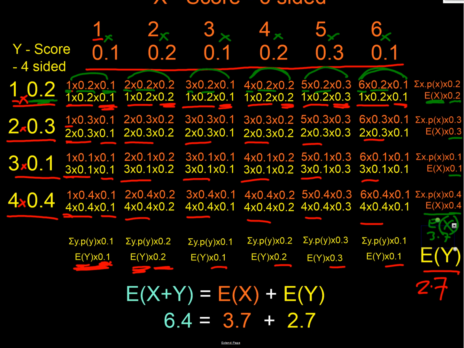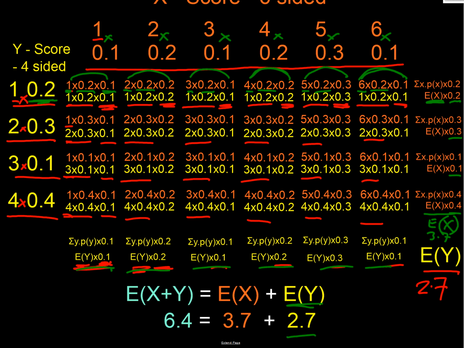And therefore we can see that if we sum all the yellow numbers going down into the row of values at the bottom here, we get E of y. We can easily see that's E of y, which is 2.7.